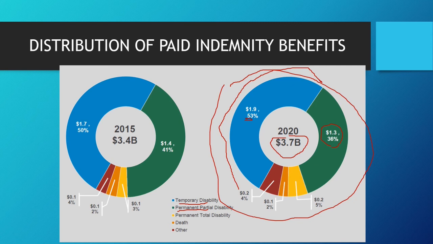And then much smaller portions of benefits go toward permanent total disability, those cases that represent 100% total disability, and then an even smaller portion representing death cases. So the greatest portion of indemnity benefits has to do with temporary total disability compared to permanent partial disability benefits.